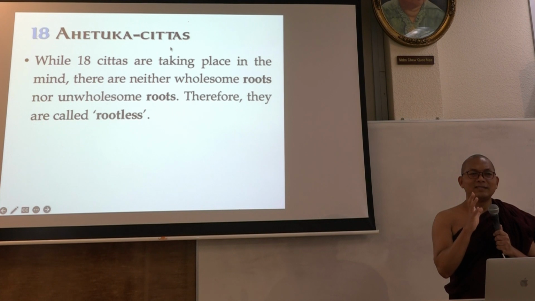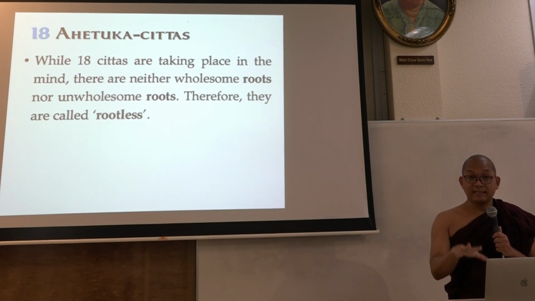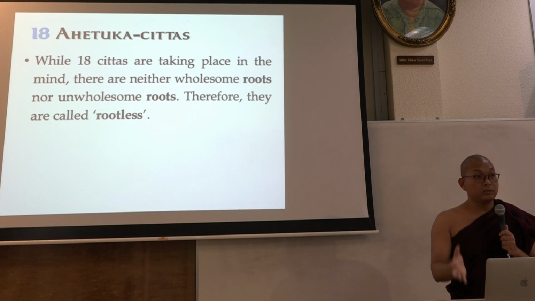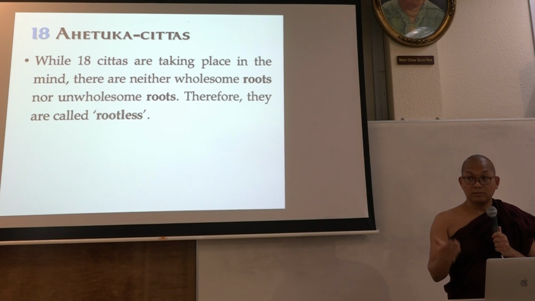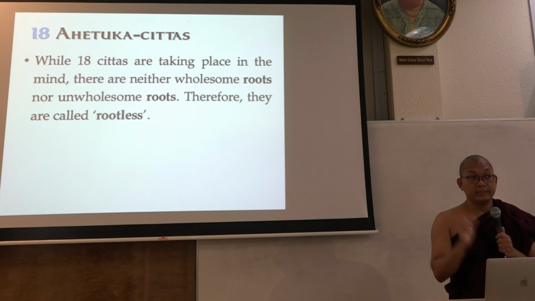Only after determining consciousness, in the javana state, then you will have either kusala or akusala. So therefore, the moment the 80 ahetuka chetas took place, there's no kusala and akusala yet. In other words, there's no root yet.